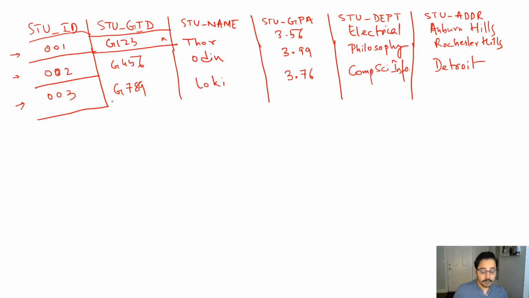This is very important to remember, that you cannot have multiple values within a data storage. You cannot write G123, comma, G456 in the single location. If that happens, then this is not a relational model or a relational table, right? So you have to keep this in mind.